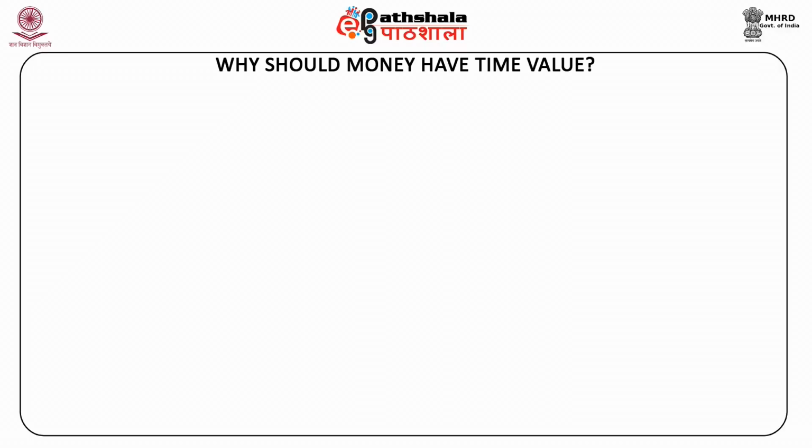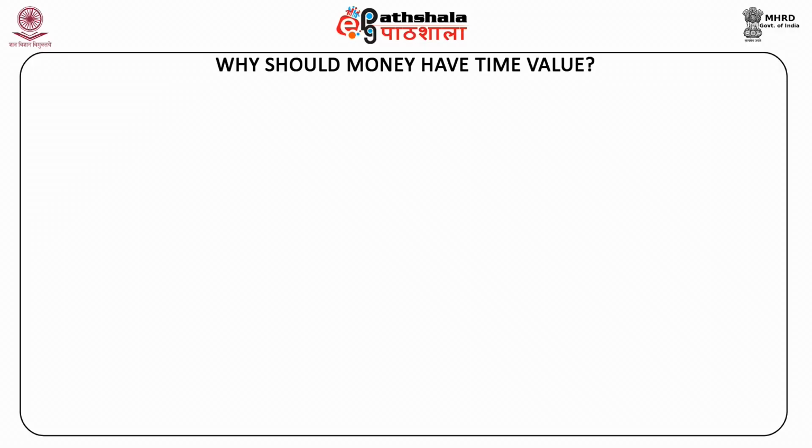Now, for accepting or rejecting a project, a firm needs to find out the present value of cash inflows received for 6 years and compare with the initial investment of rupees 2 lakhs. Firm can accept the project if the present value of cash flows at the desired rate of interest exceeds the initial outlay of rupees 2 lakhs, or at least equals the initial investment of rupees 2 lakhs.